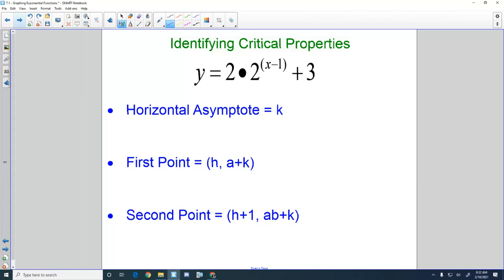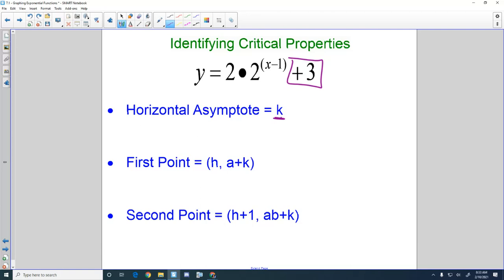So I always start off when I have a function like this, I'm like, all right, where do I even start to graph this? Your starting point every time will be that horizontal asymptote. That's always your starting point because your graph is always going to start on that line and then curve up, or if it's negative, it'll curve down. And the easy thing is that horizontal asymptote is always just going to be k, which is just the number after the exponential part of the function that's being added or subtracted.